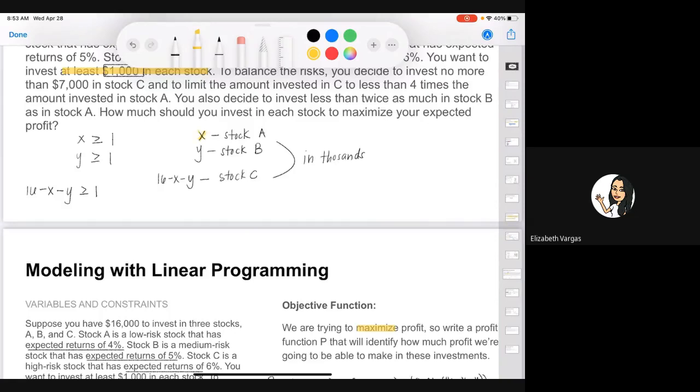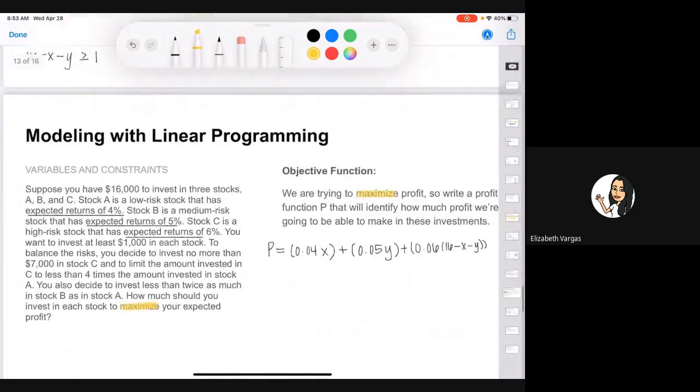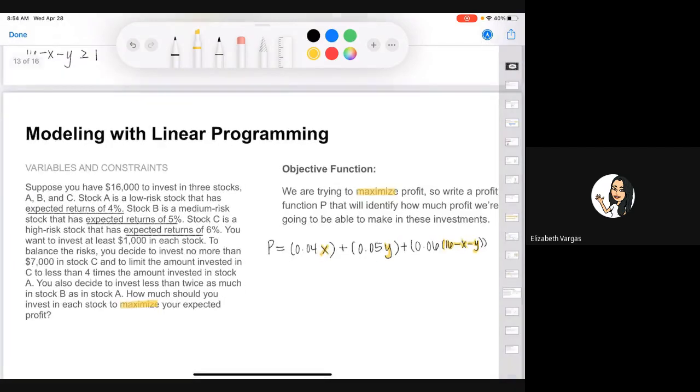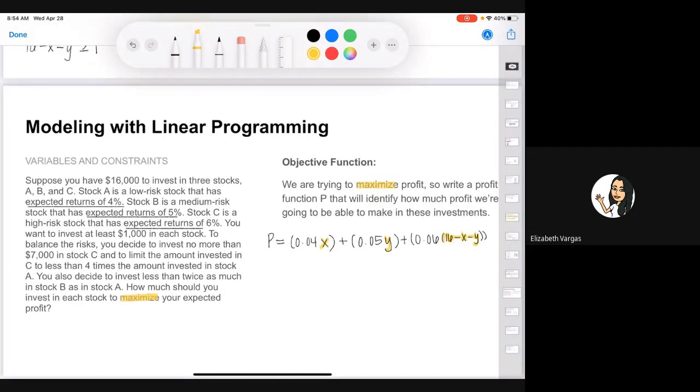A is represented by the value X, B is represented by the value Y, and 16 minus X minus Y represents the stock C. So that's what I'm just transferring over here to create an equation that is graphable. Okay, and because I'm looking for profit, I'm going to use the information about my expected returns. So that's my expected profit for each of those different investments. So now I have my objective function.